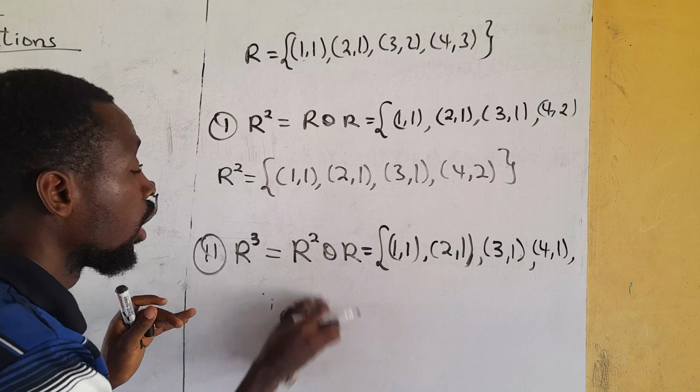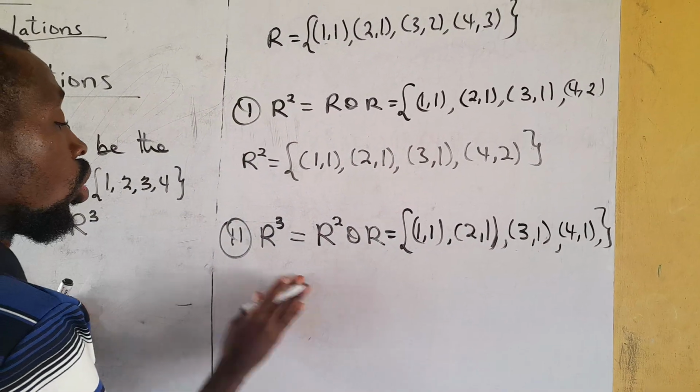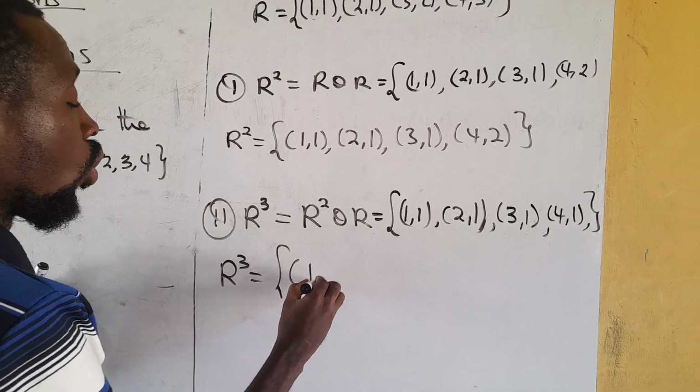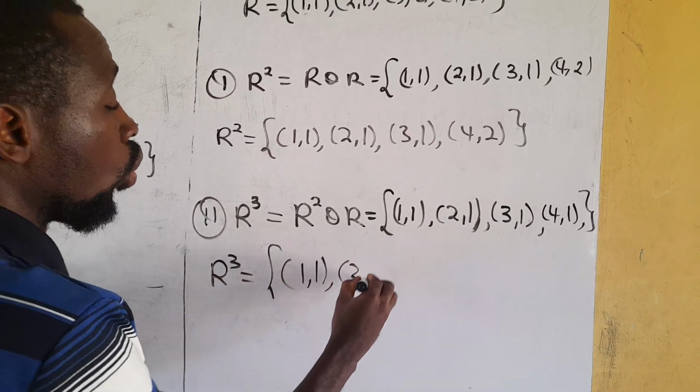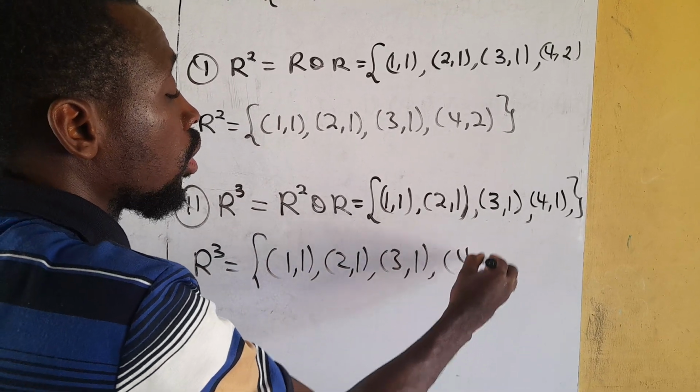Then we can say this is the relation. So our R³ is a relation with the pairs (1,1), (2,1), (3,1) and (4,1).